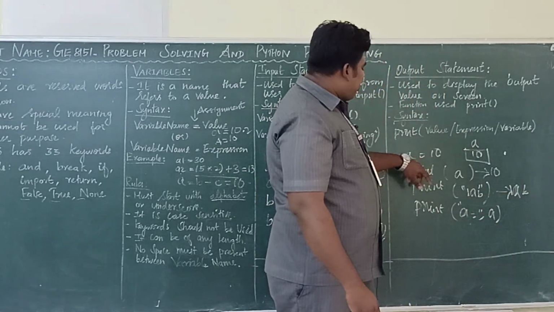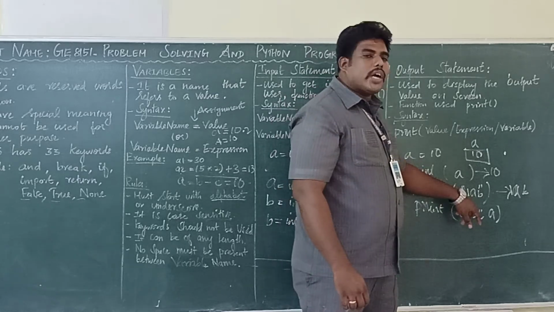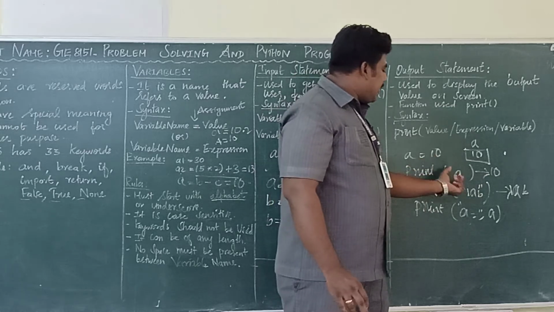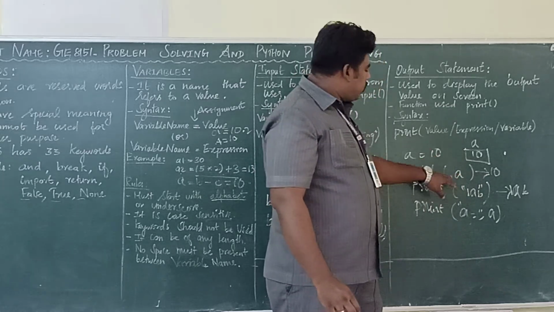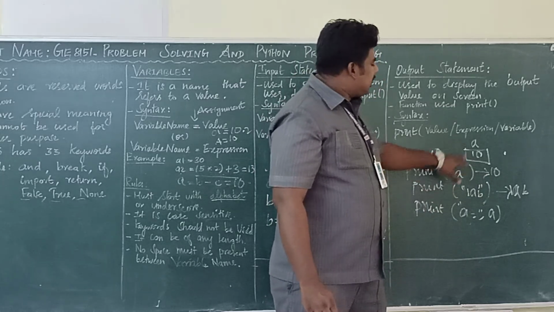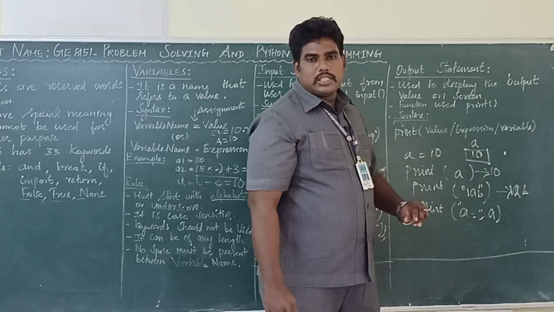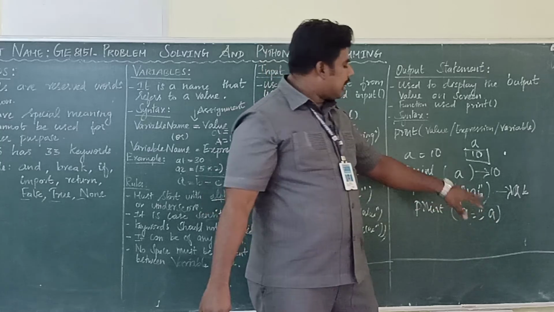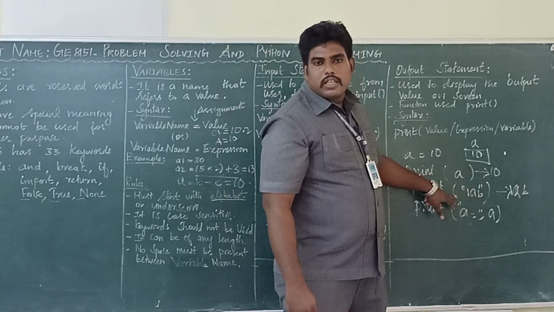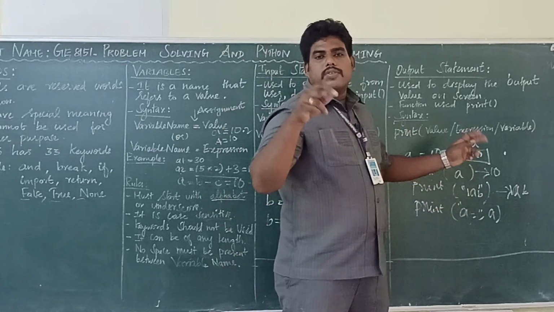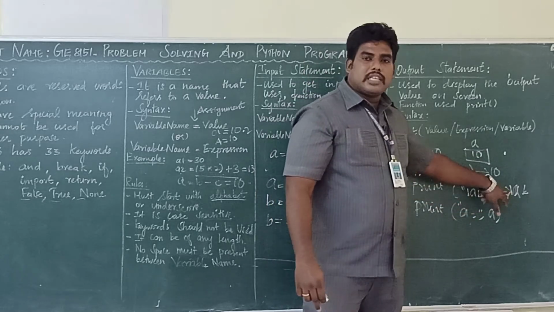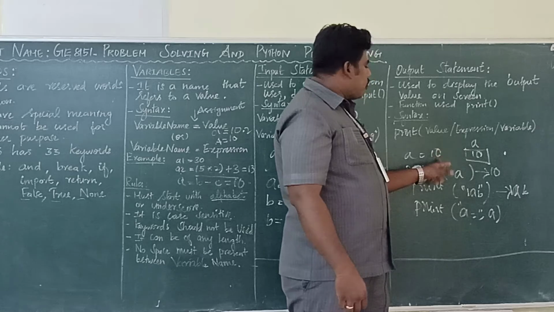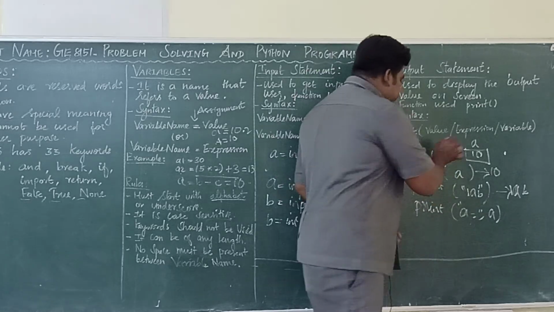Don't get confused. If you want to print the value, you have to give the variable name, because inside the variable only the value 10 is there. Anything enclosed in double quotes is considered a string, and that will be the output. So don't put double quotes if you want to print the value 10.